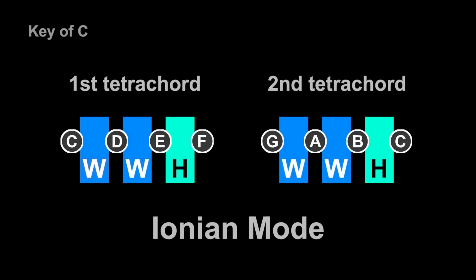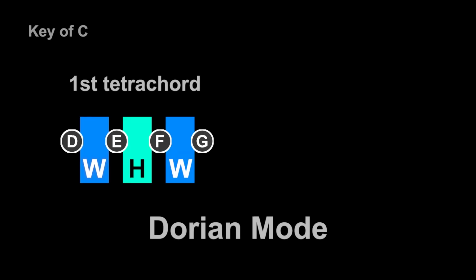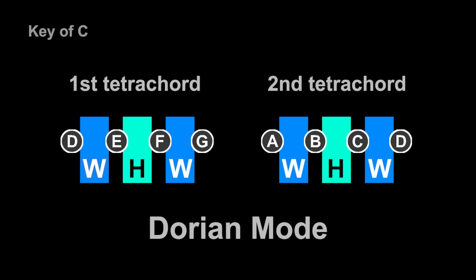We can approach every mode the same way. So when we look at the Ionian mode, we see whole step, half step twice with a whole step in between. If we look at the next mode in the key, Dorian mode, what we find is it is whole step, half step, whole step, twice, also with a whole step in between those two tetrachords.